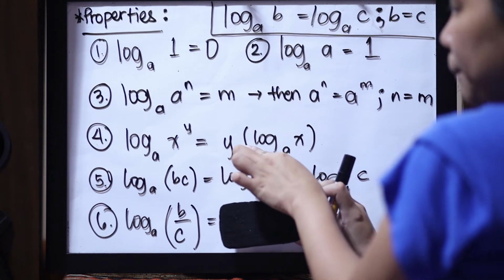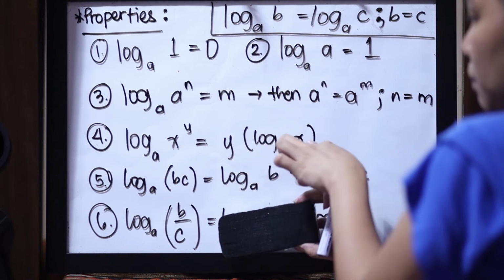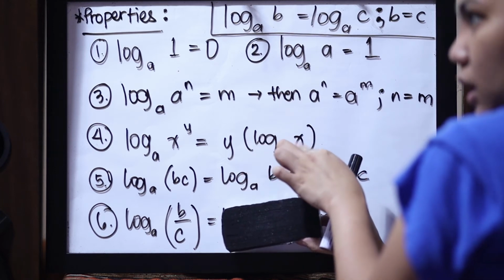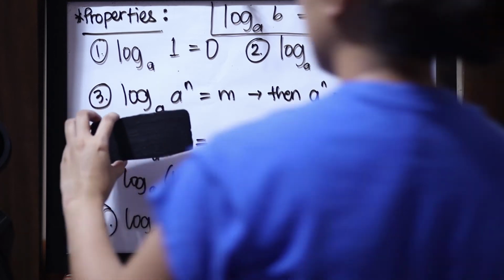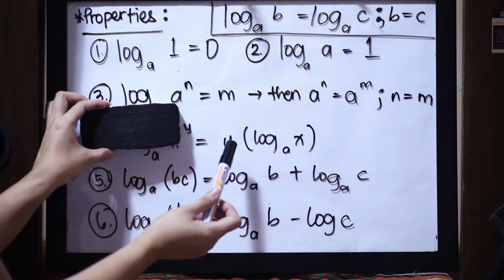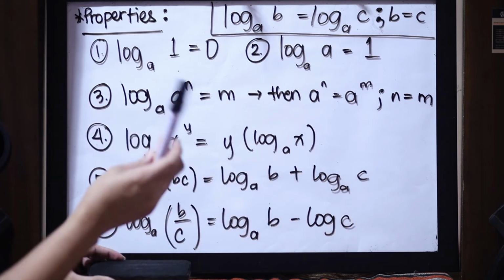Tapos, idudugtong nyo lang yung logarithm itself, na logarithm of x to the base a. Okay? So, i-rewrite nyo lang siya. Or either way, pwedeng yung y gawin yung exponent ng x. Yun na yun. Ganun lang.